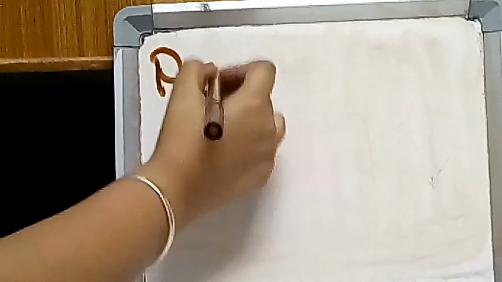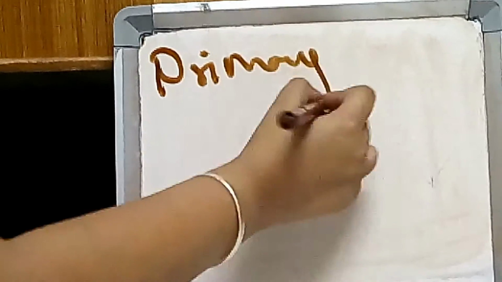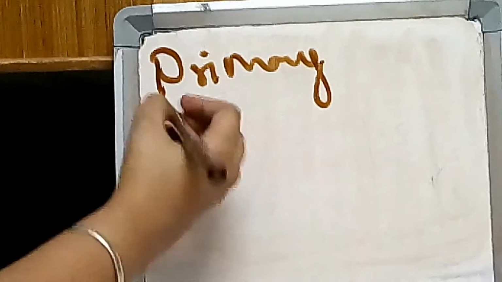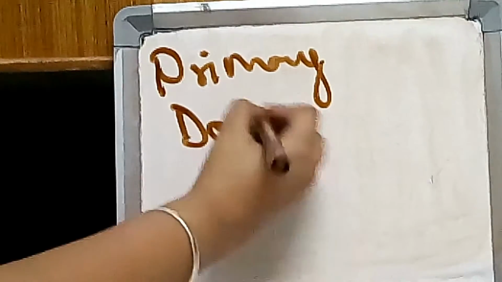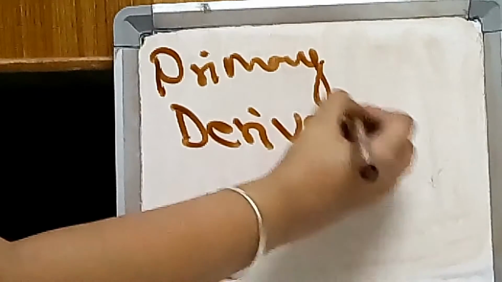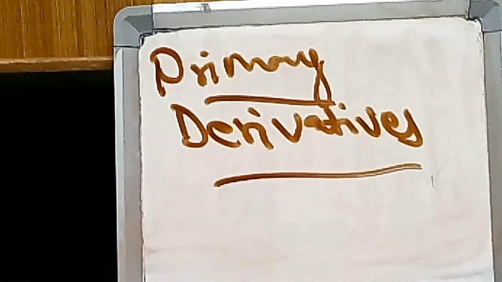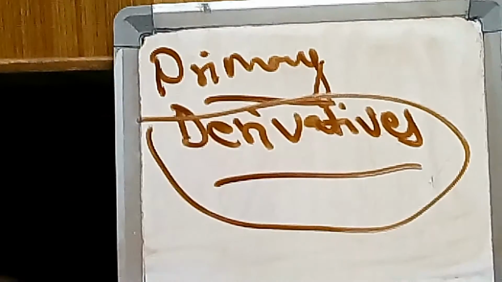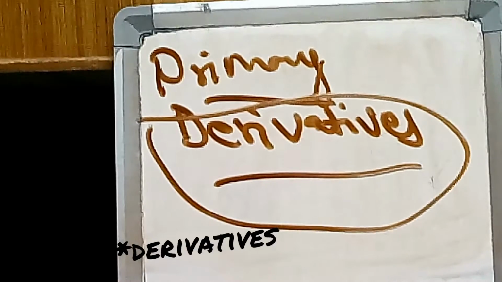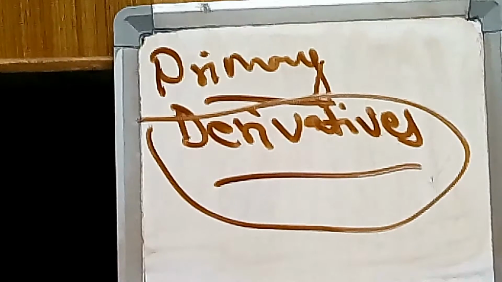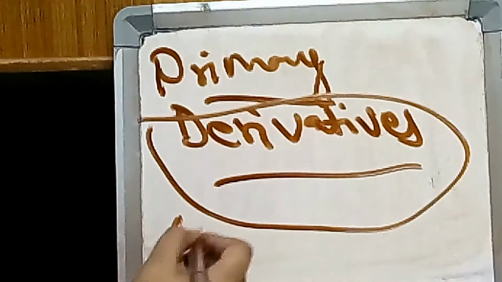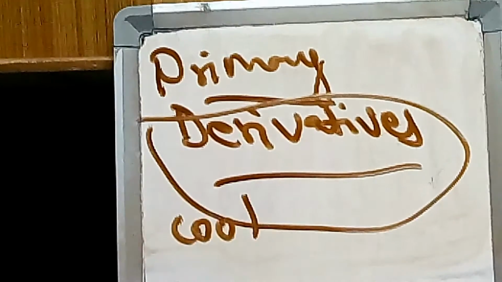Which type do we have? Primary derivatives. The primary derivatives are formed by making some change in the body of the simple words. When we have a normal body, like cool, this is a word.